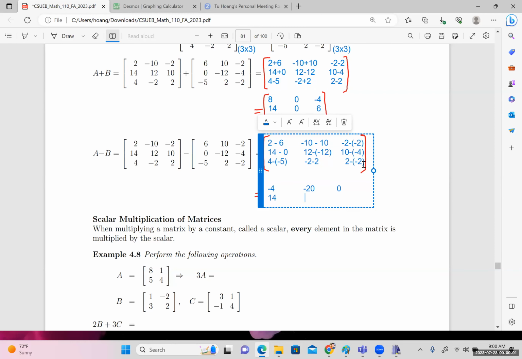And then 24. And then 14. 9. -4 and 4. Yeah. So that will be the answer for subtraction. Okay.